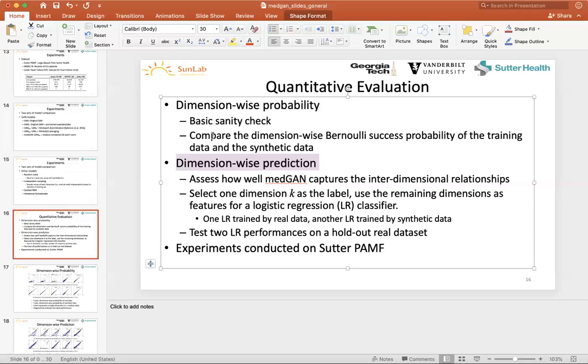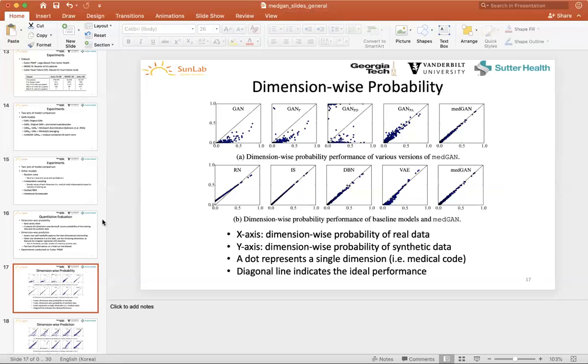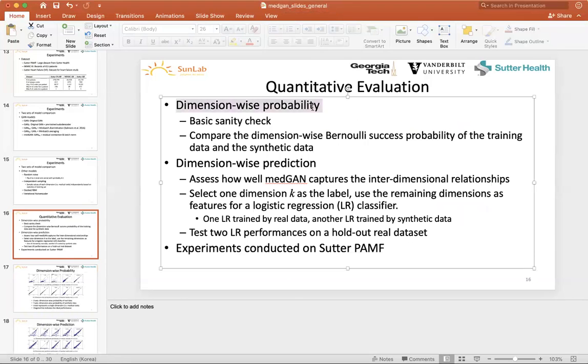And the classifier that we're training to predict a particular column is logistic regression. So it's a very basic classifier, right? All tasks are experimented on the Sutter PEMF, so let's move on to the dimension-wise evaluations. The first, as I said, is dimension-wise probability.